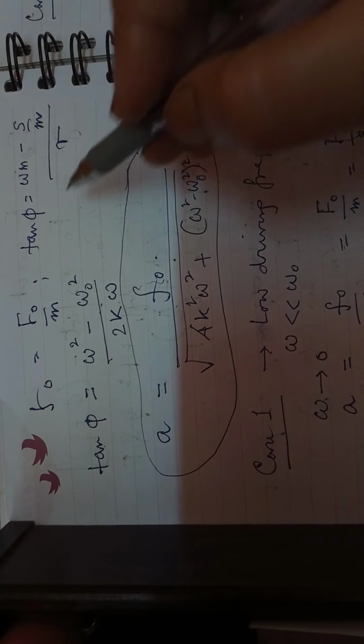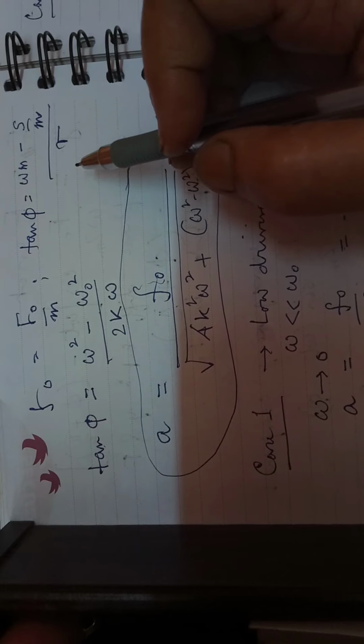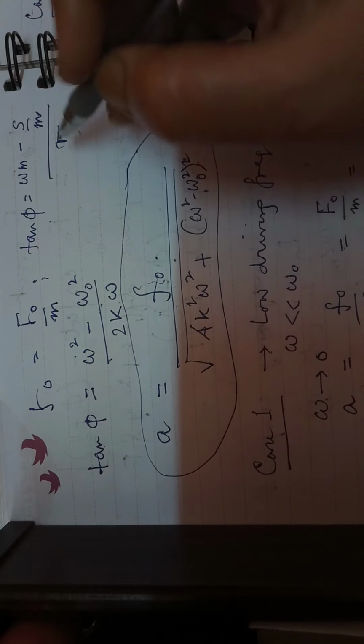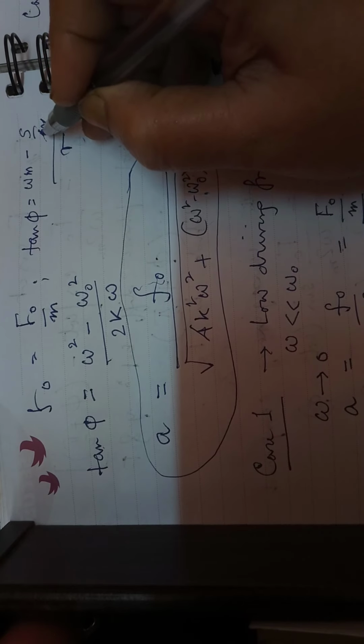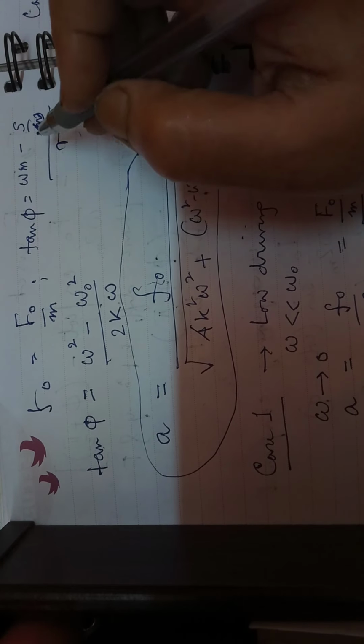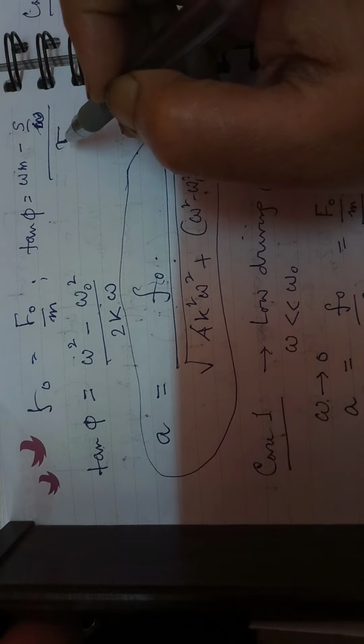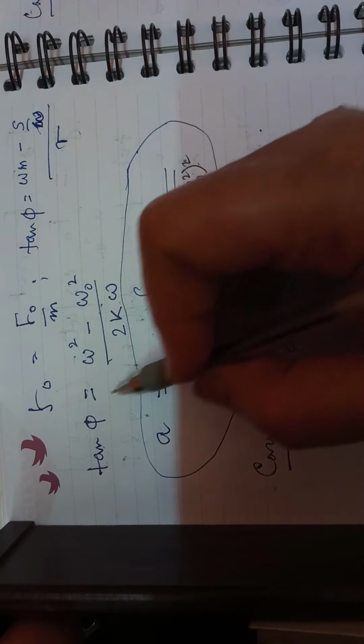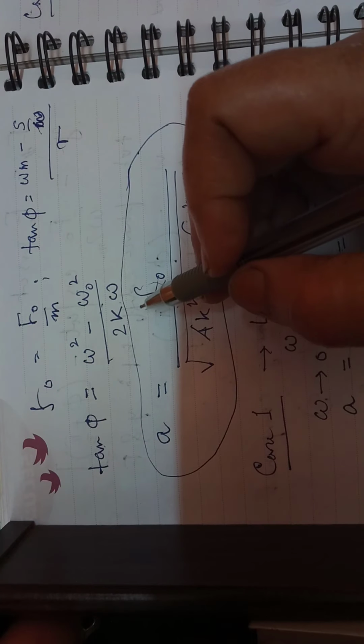Now you see over here, this is your tan phi, which is (omega m minus s by omega) divided by r. So you can write tan phi in this manner.